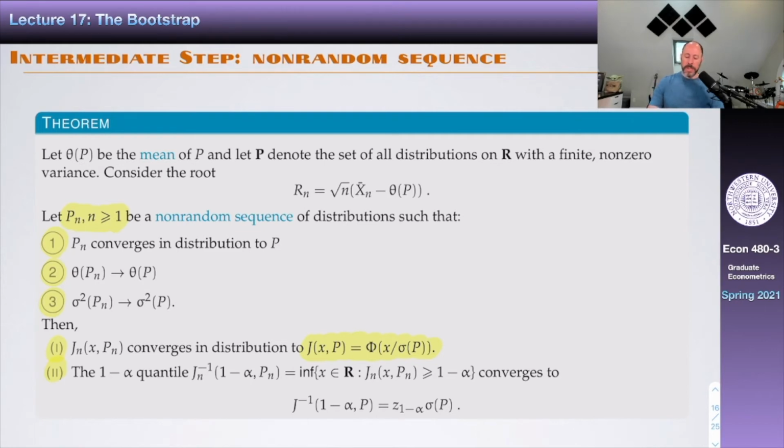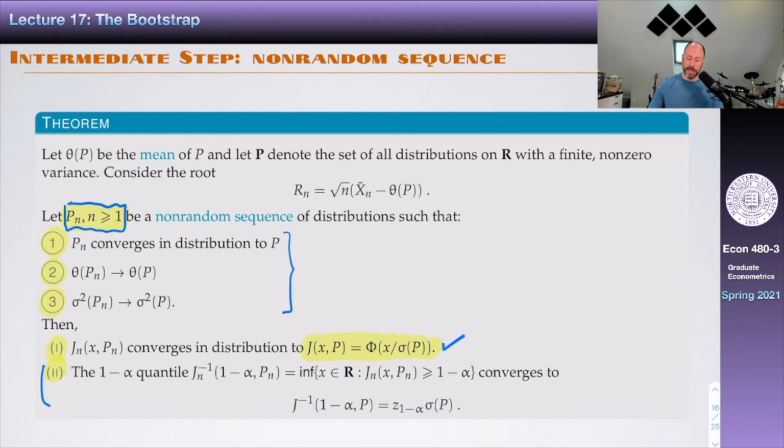And so what we're going to do is prove this part. The second part I'm going to write as a lemma, and the proof is going to be in the lecture notes. It's not difficult, but I don't want to waste time with that. And then we're going to prove this theorem. This theorem is not a proof that the Bootstrap works because the Bootstrap doesn't use Pn. We're going to need a second part where we claim that using P hat n is essentially similar to using Pn. So what we'll need to check later is whether these three conditions hold for P hat n.